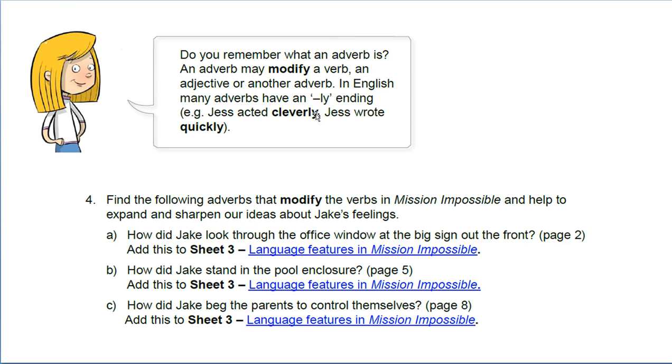You can hear that ly sound, and a lot of adverbs end in ly. So for Jake, how he moved hurriedly through the door, silently begged. All those words that end in ly are usually adverbs if they come before or after a verb.